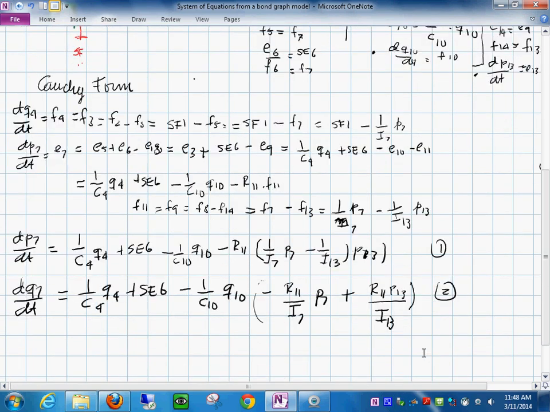We still need to find the dq10 dt, and we have the dp13 dt.